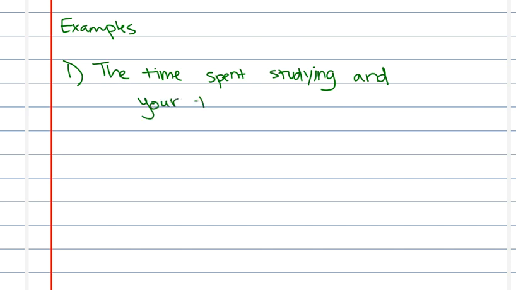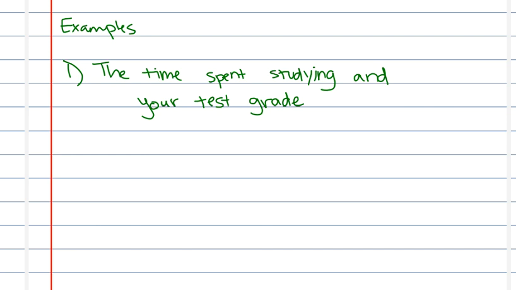For our first example, we're going to do the time spent studying and your test grade. We need to decide what the independent and the dependent variables are.